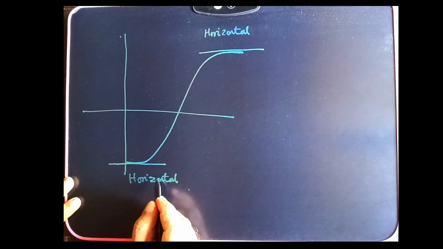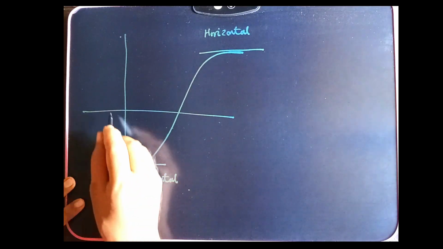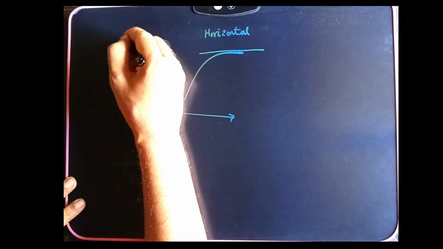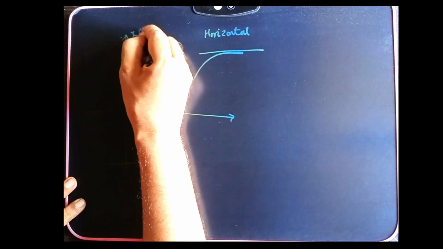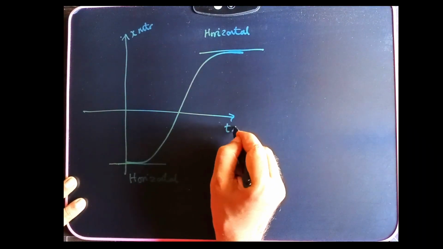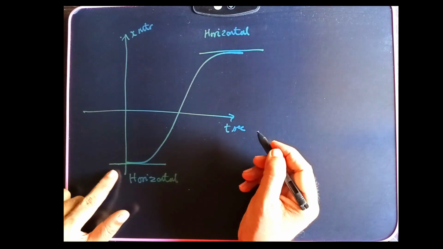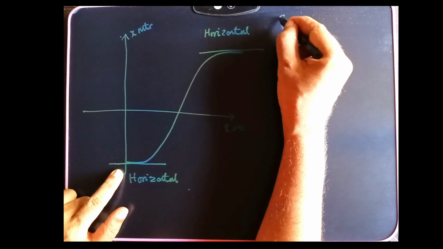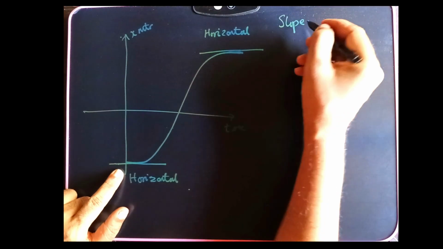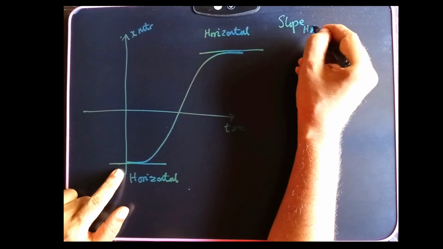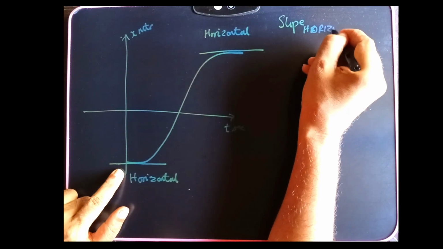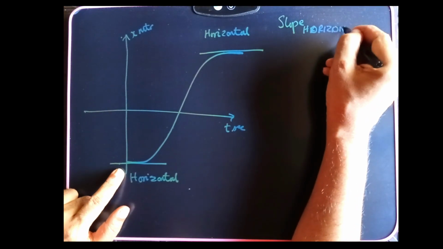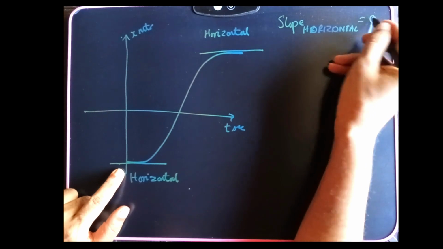Now we know if the line is horizontal, that means parallel to this axis. This is an x-t graph. So the slope of the horizontal line is 0.